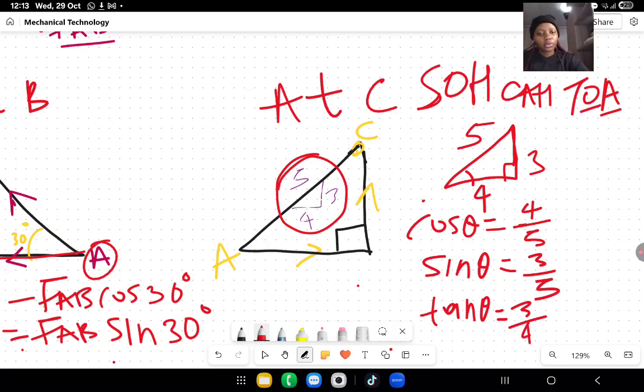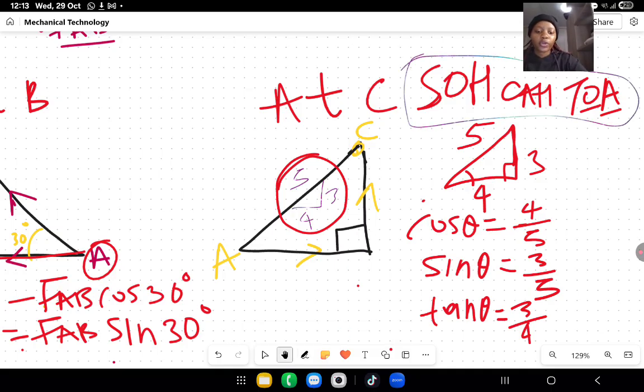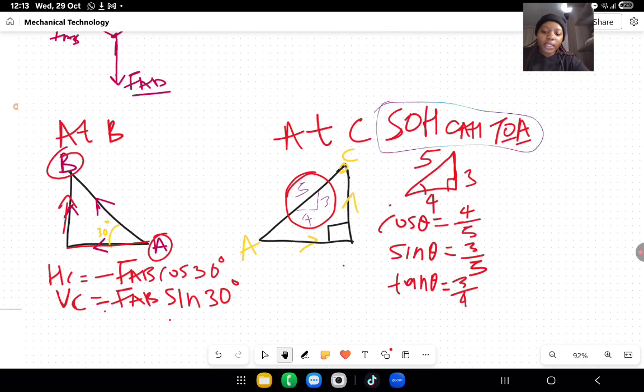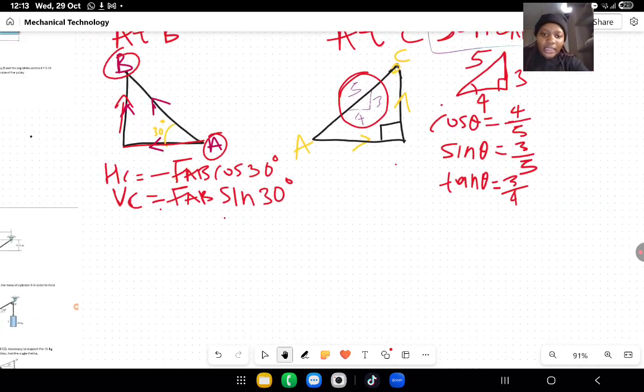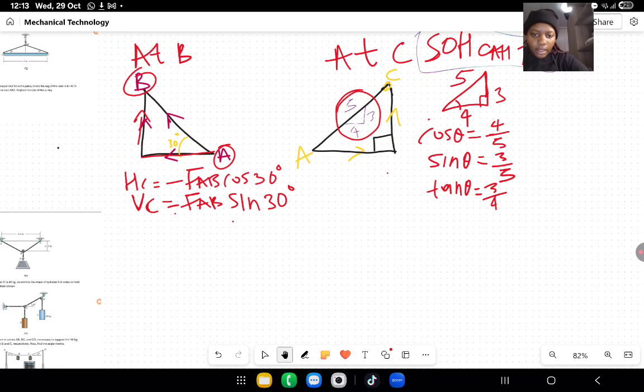So you must know your SOHCAHTOA very well so that you don't forget these things. If you write your SOHCAHTOA at the top, you won't forget. Let me draw a line here so that our things can be proper.